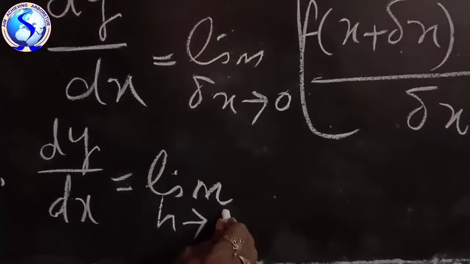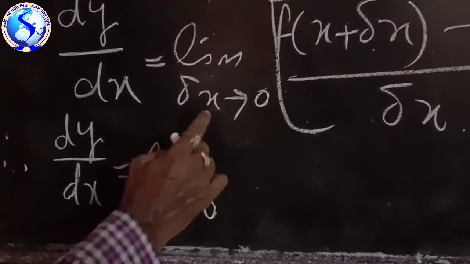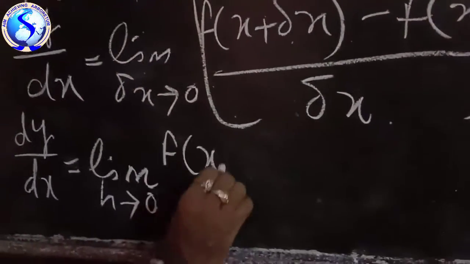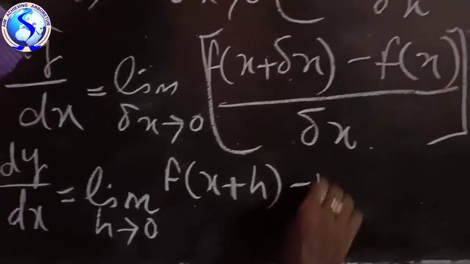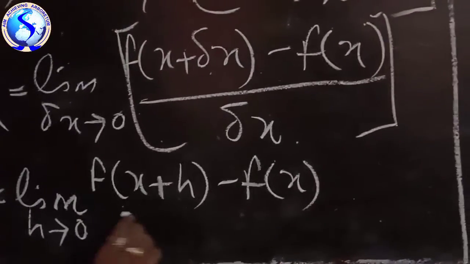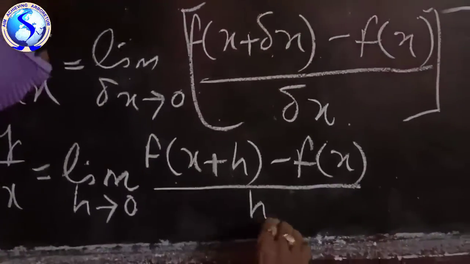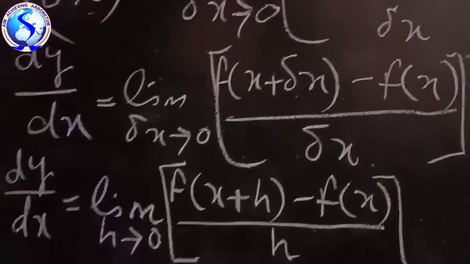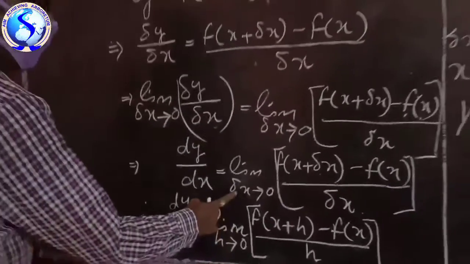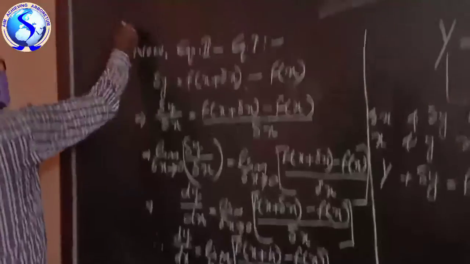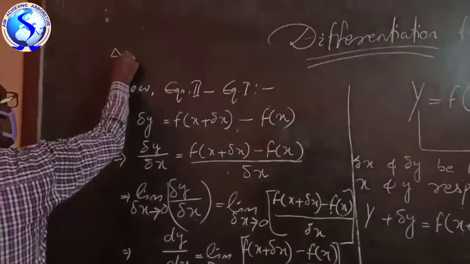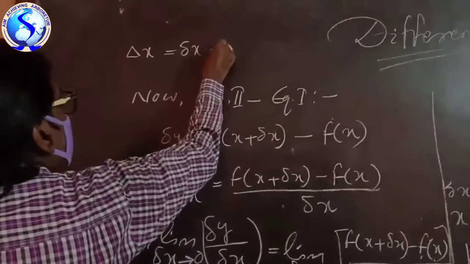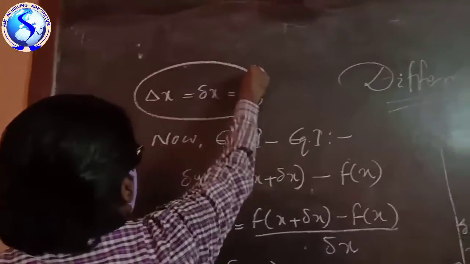I am writing h tends to 0 instead of delta x. Some books write delta x, some books write h, and some write it in other ways. The meaning of all of them is the same.